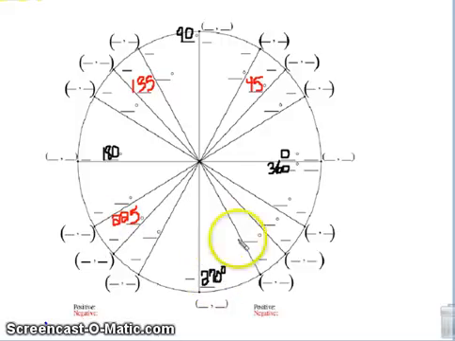We're down to 270 and then back around to 315. So those are my 45-degree angle measurements.